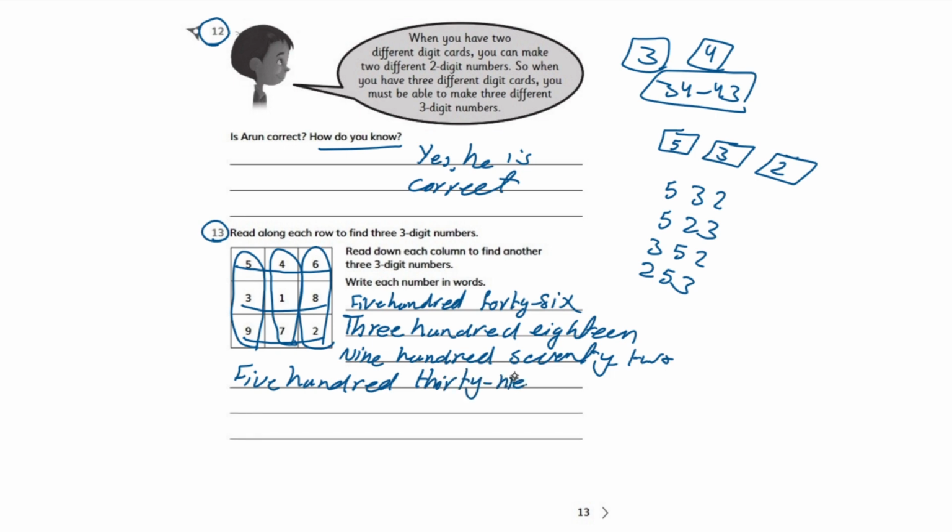In the second column we have 417. In the third column we have 682.